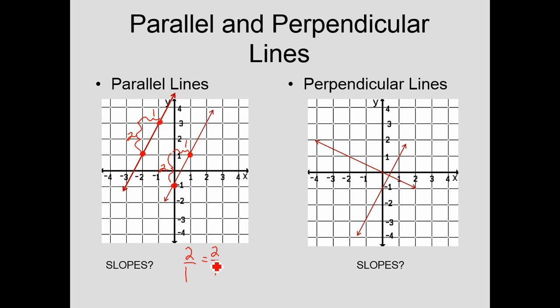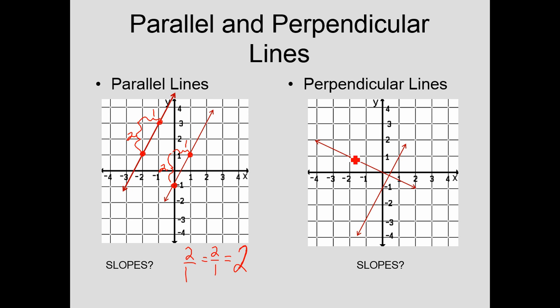Both of them equal 2. Parallel lines will have that same slope every time. That's what makes them not ever cross. But perpendicular lines intersect, but they do more than just intersect. They intersect to make 90 degrees. So that requires a special slope relationship as well.